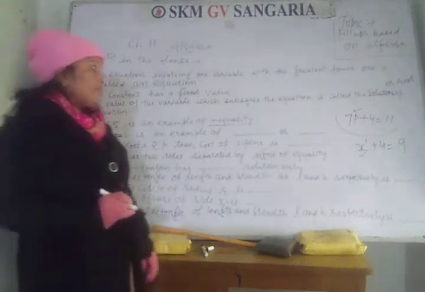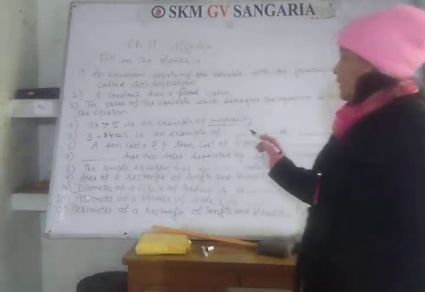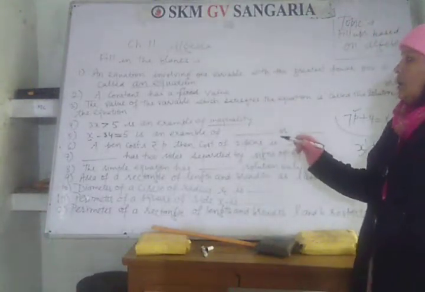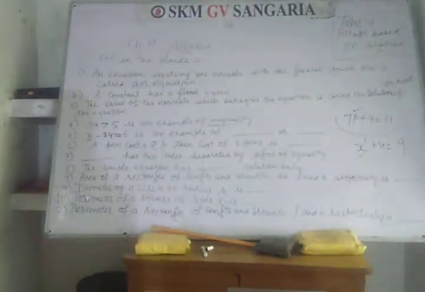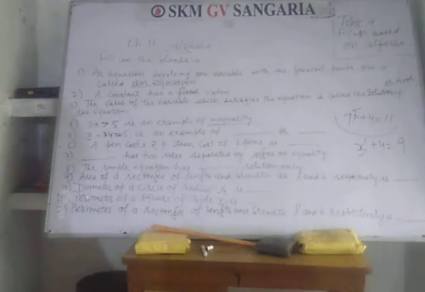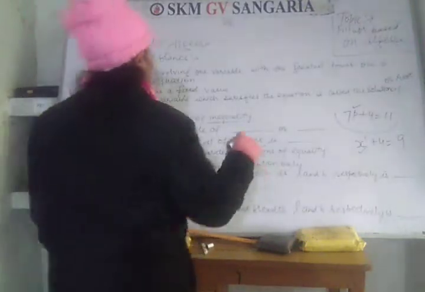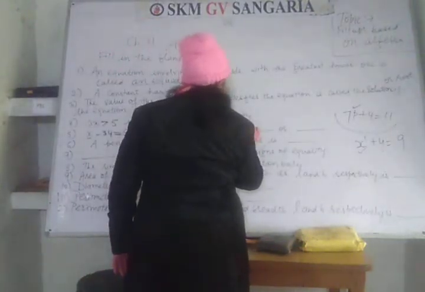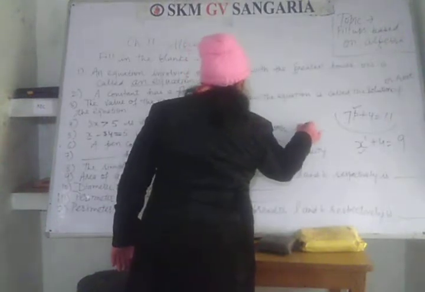So x minus 34 is equal to 5 is an example of what? An equation, a simple equation of 7th, or an equation.